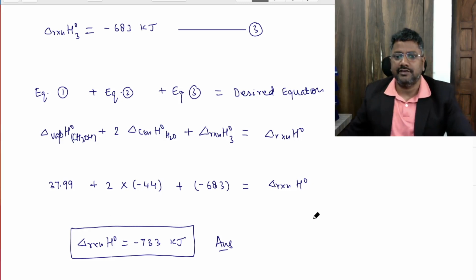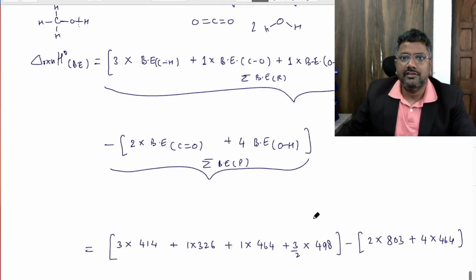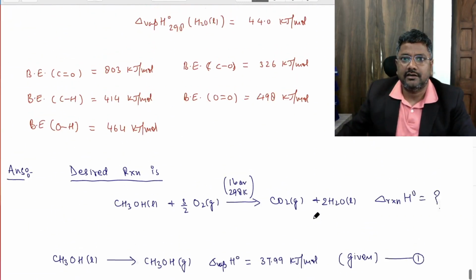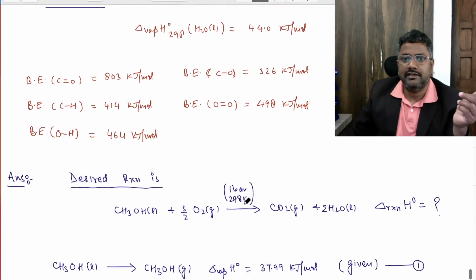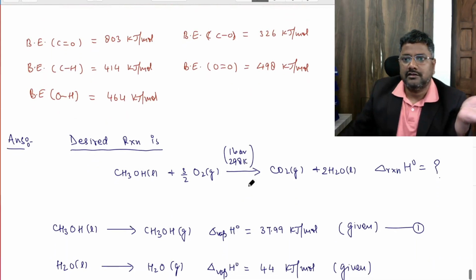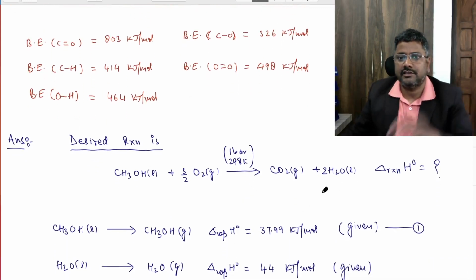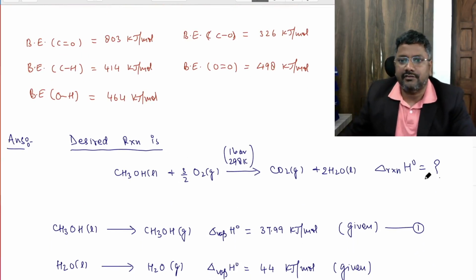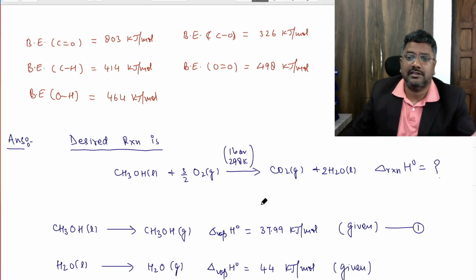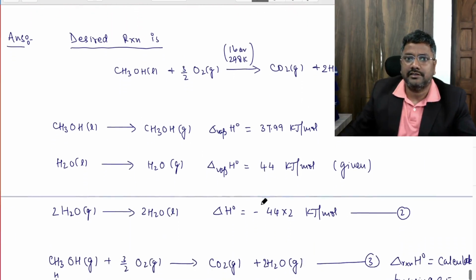So see, this is a very interesting question which involves all kinds of data, means enthalpy data, bond energy data, and then we have to calculate the delta H for this reaction. So if the species were not given in the gaseous state, and if it is desired to calculate the energy in that reaction, then you have to follow this step.